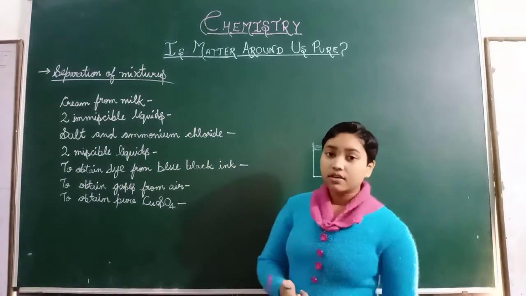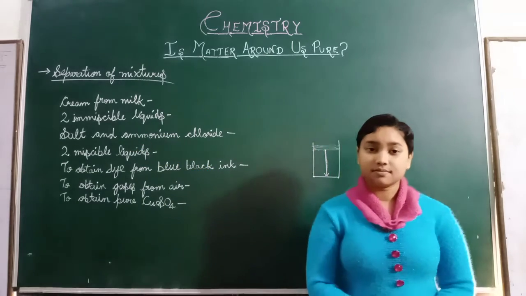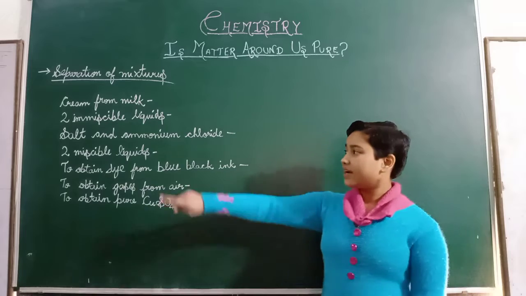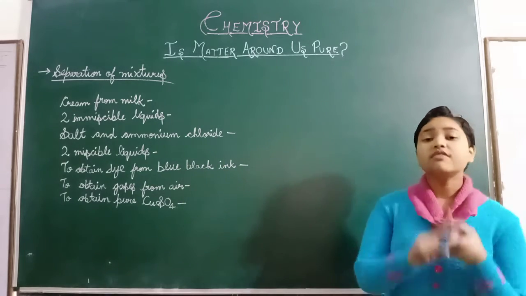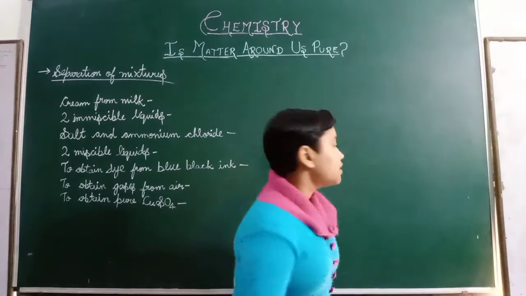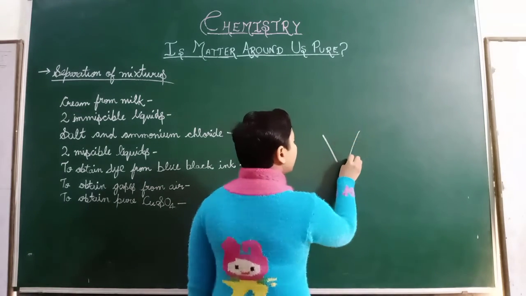Now we will learn how to separate two immiscible liquids. To separate two immiscible liquids, what we can do? We will use the separating funnel. The separating funnel will look like this cone.